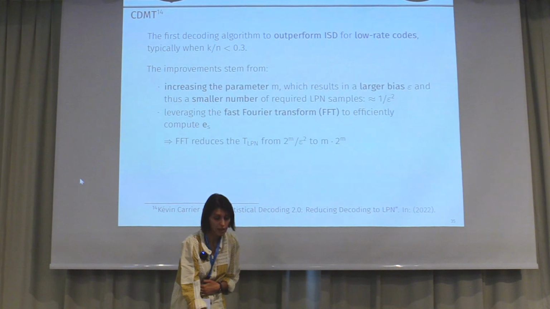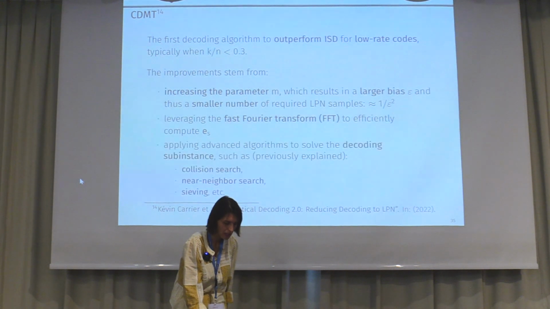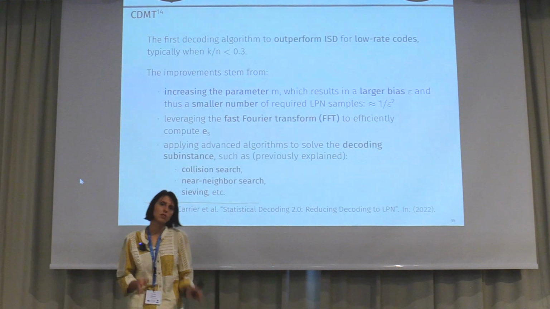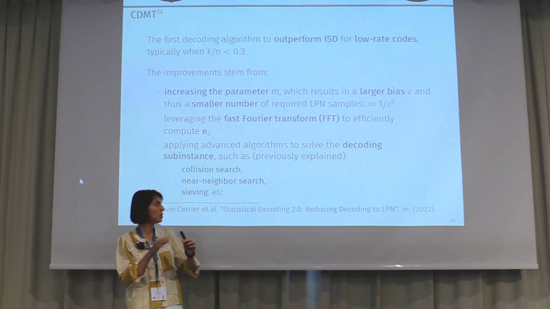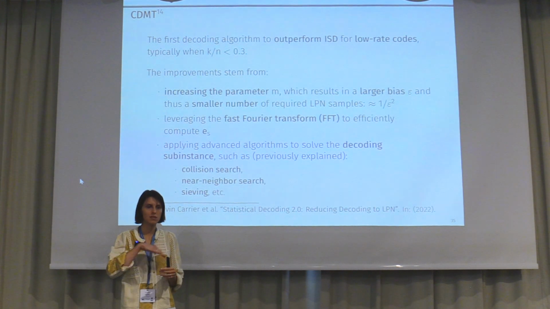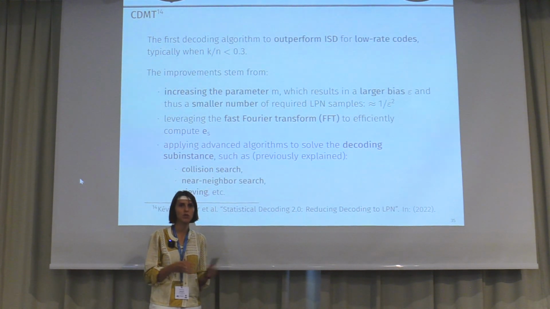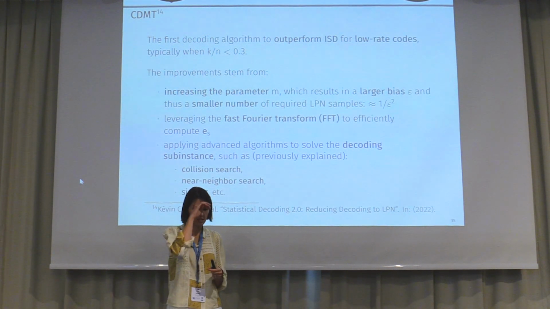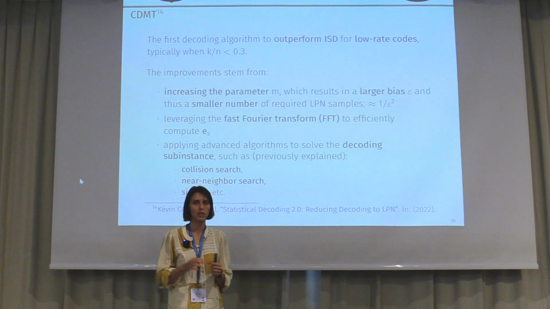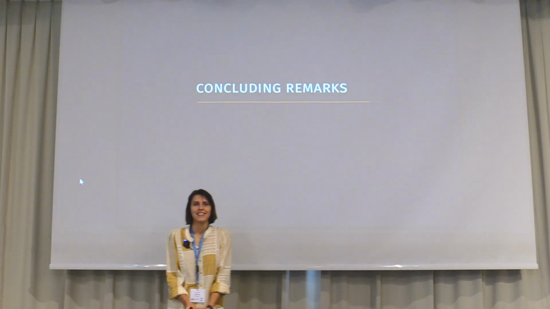And finally, this actually significantly reduced the running time of this part. And then they also used some techniques that were also used in the ISD to enumerate the second part, not solving the subinstance, but enumerating the second part, and also creating a smaller number of necessary iterations for calculating the error term of the LPN sample.